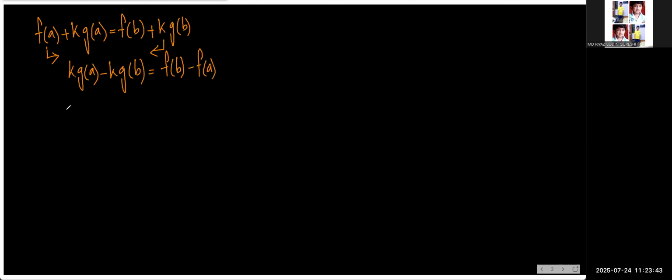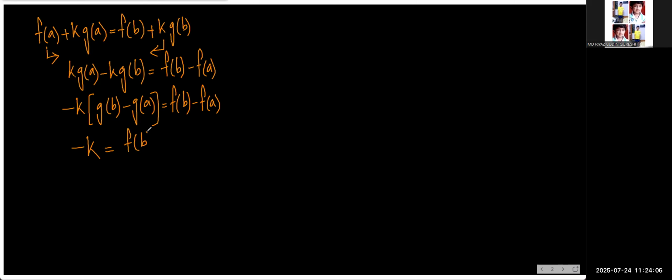Now if you take minus k common, we have changed the order here: g of b will come first, minus g of a will come later because we have taken minus common, is equal to f of b minus f of a. From this, minus k value will be equal to f of b minus f of a by g of b minus g of a.